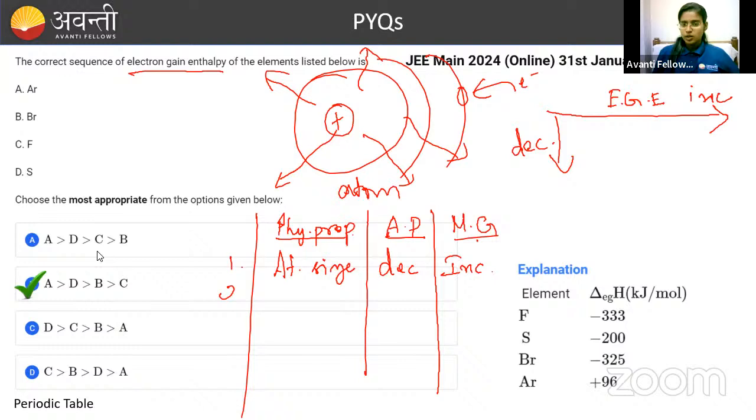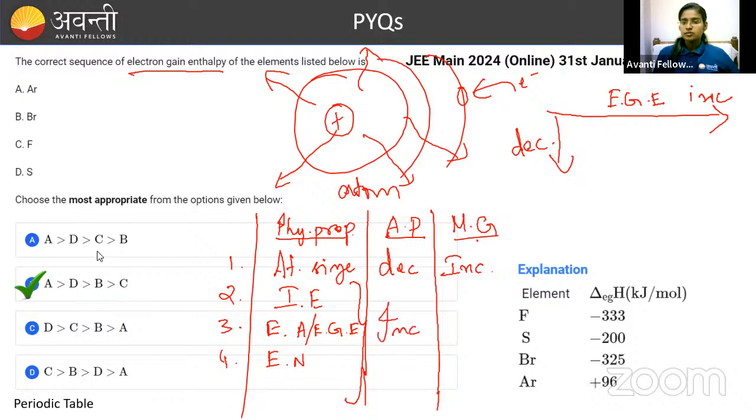The second is ionization enthalpy. The third is electron affinity or electron gain enthalpy, which we have discussed in this question. The fourth one is electronegativity. For all these three, the trend is the opposite of atomic size. If atomic size decreases across the period, the other three increase across the period.